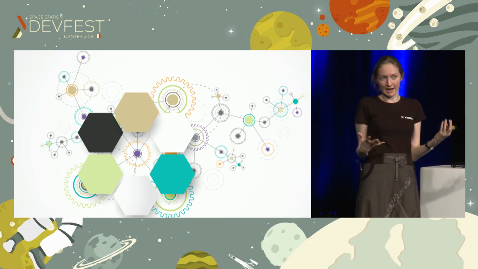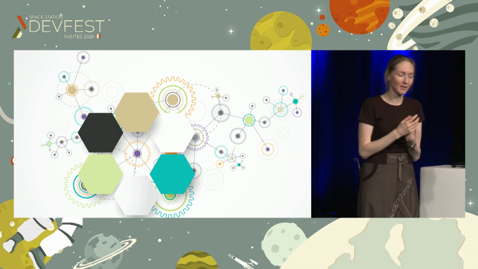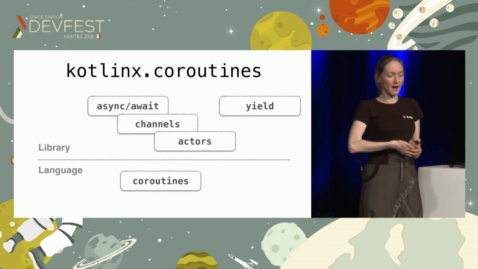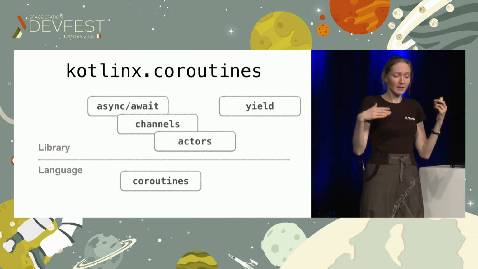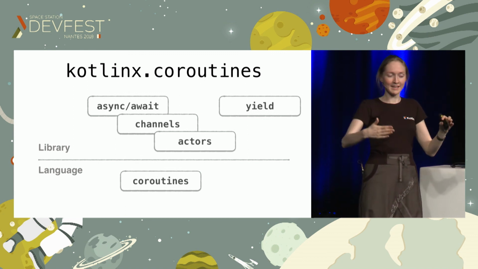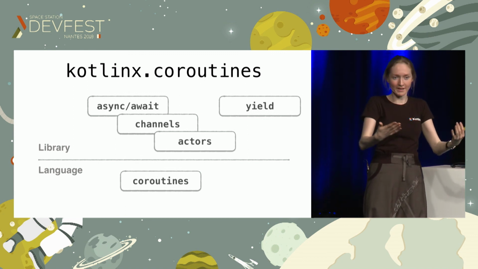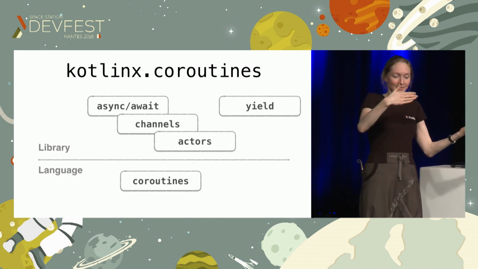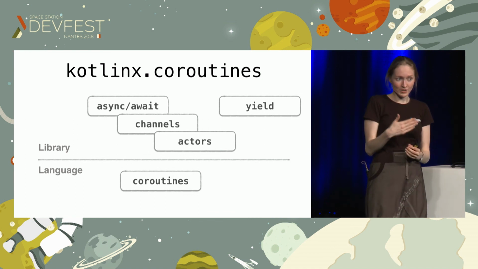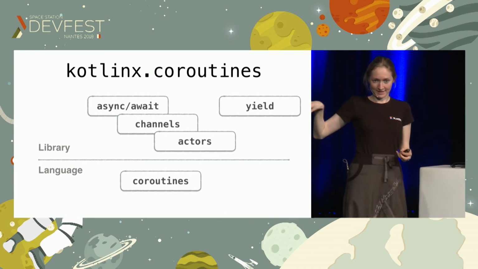So that was almost all I wanted to share about coroutines. Kotlin coroutines are even more than just async await, suspend functions and the exact coroutines.